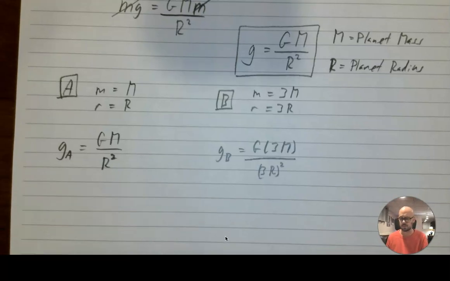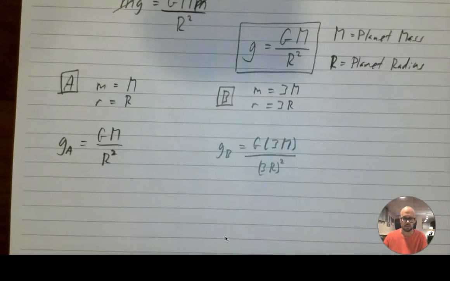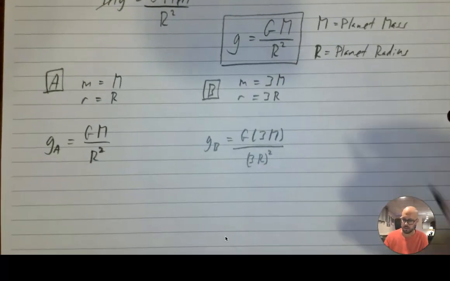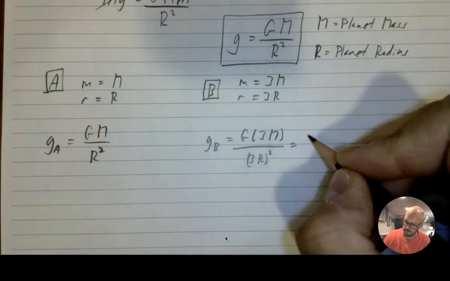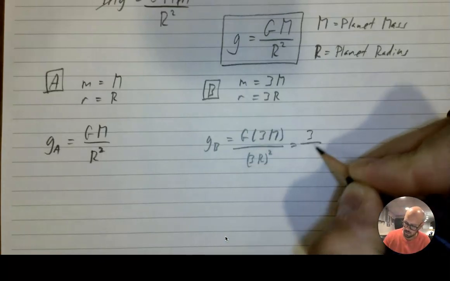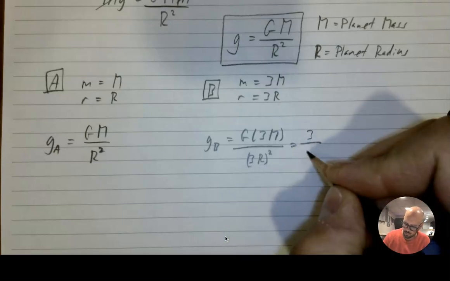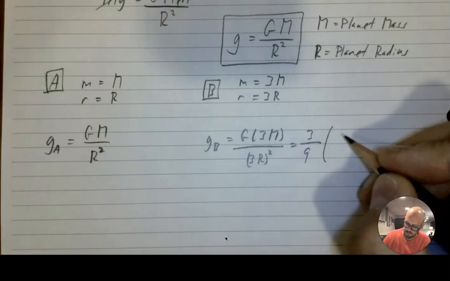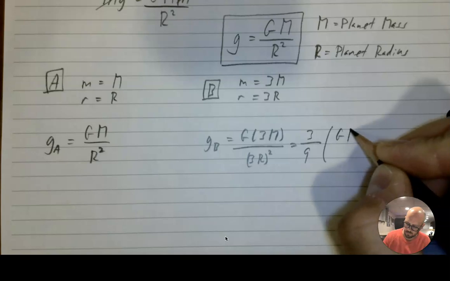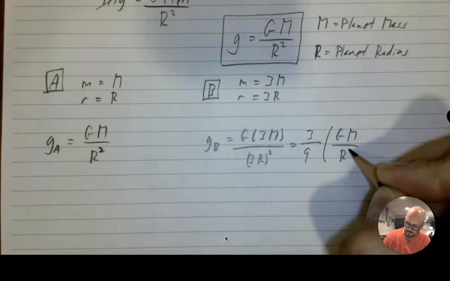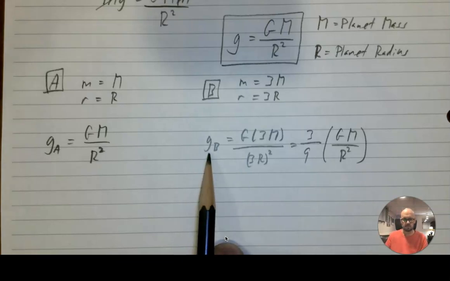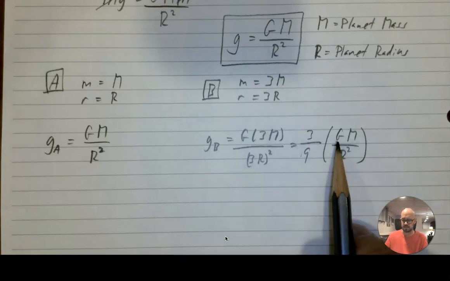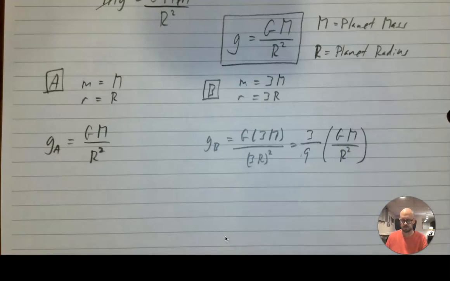And I'm just going to do a little bit of math. We've done this a little bit in class lately, so maybe this has sunk in already. These integers, I'm going to bring them out front, and I'm going to do 3 over 3 squared, which is 3/9, times the letters, basically the values that are constant. So little g on planet B is 3/9 G big M over r squared.